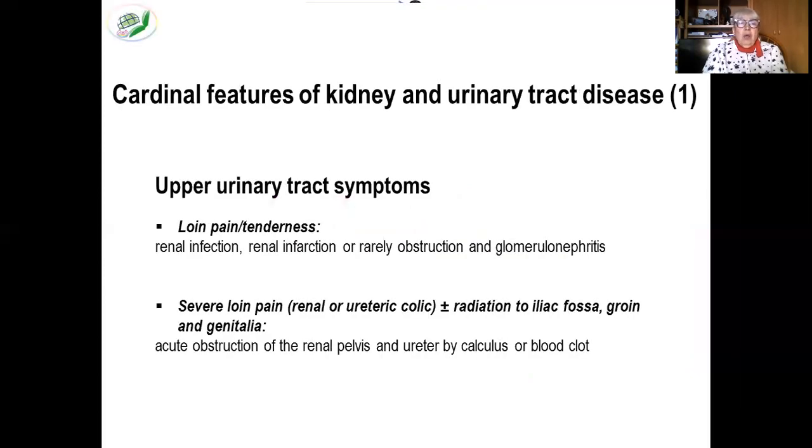So, what are they? Cardinal features of kidney and urinary tract disease, upper urinary tract symptoms: loin pain or tenderness, in renal infection, renal infarction, glomerulonephritis; then severe loin pain, renal or ureteric colic, with or without irradiation to the iliac fossa, groin or genitalia, for acute obstruction of the renal pelvis or ureter by calculus or blood clots.